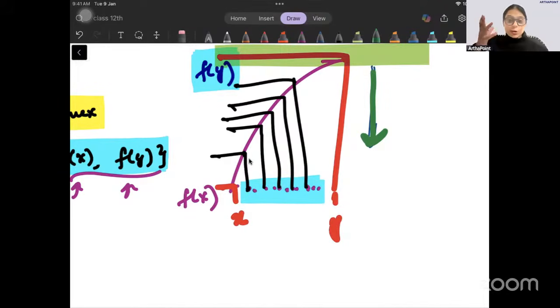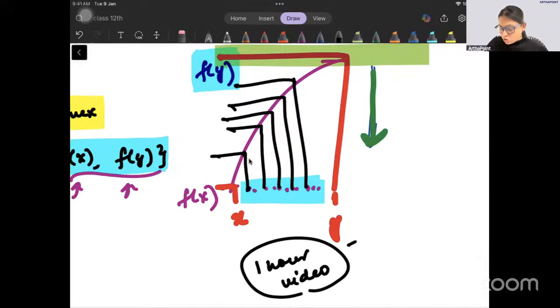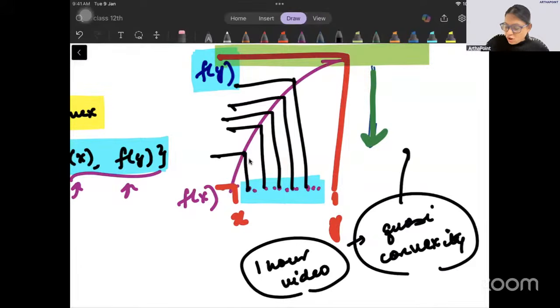So there is another way in which we define it. I have recorded this in very, very great detail. It's, I think, a 1-hour video which only talks about quasi-convexity and concavity in much detail. I have taken all possible definitions.